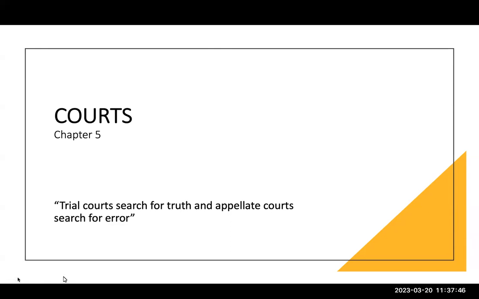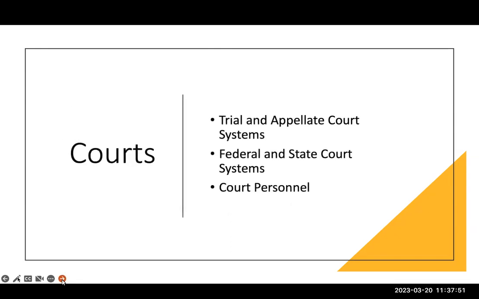It helps to put things into perspective to consider the fact pattern that's raised in Chapter 5 of the textbook. And it's case number 7. You'll recall that this case involved a conviction for a murder.